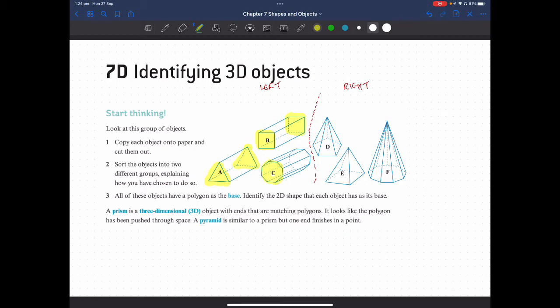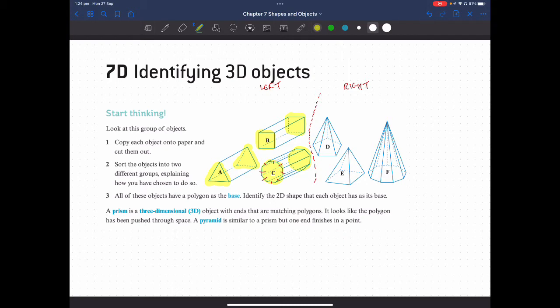Counting the sides around that shape, 1, 2, 3, 4, 5, 6, 7, 8. It is an octagon. Looking at the other end, you can see the other end is also an octagon. So the two ends of each of those three shapes were the same.